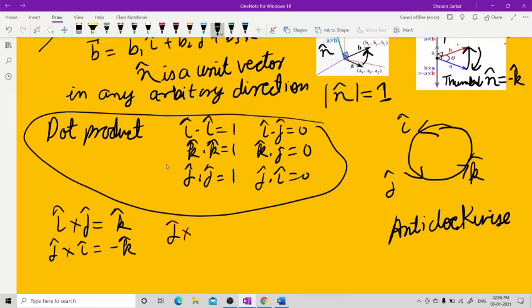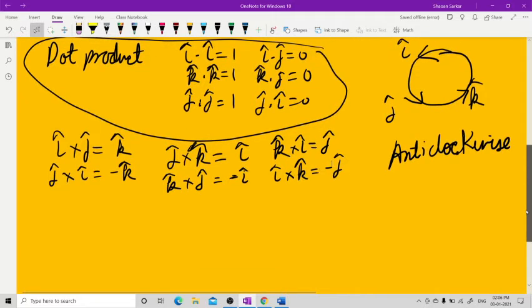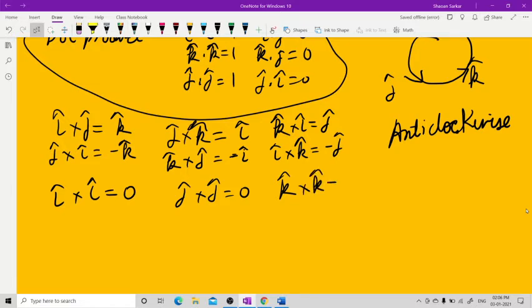Similarly, j cross k will give you i cap, and k cross j will give you minus i cap. Similarly, k cross i will give you j cap, and i cross k will give you minus j cap. i cross i would be 0, j cross j would be 0, and k cross k would also be 0.